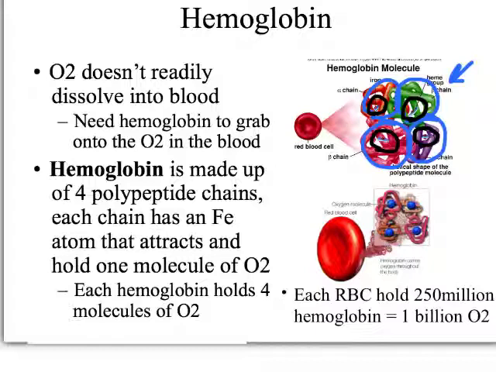Okay, so if there's 250 million hemoglobins in a single red blood cell times 4 molecules of oxygen, that means that one red blood cell can hold 1 billion oxygen molecules.